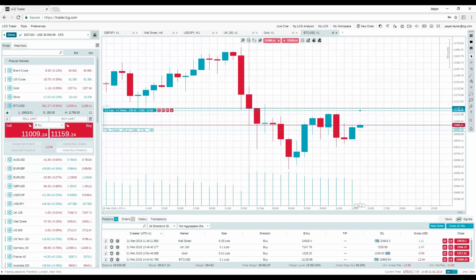So you can see that. Pretty much every time the market moves higher by 1 point, your stop loss should trail up with it. So point by point. I hope that was clear enough.